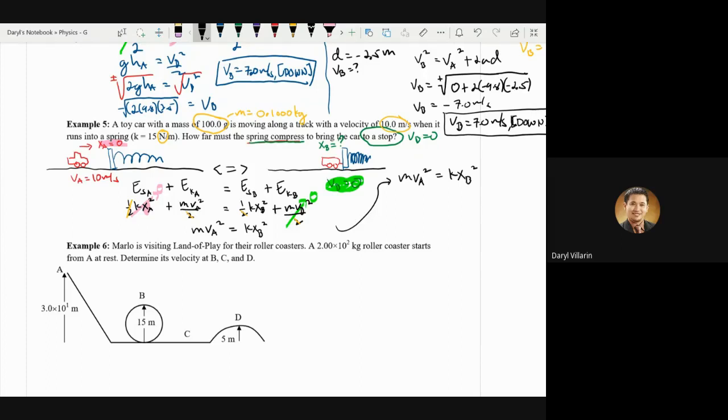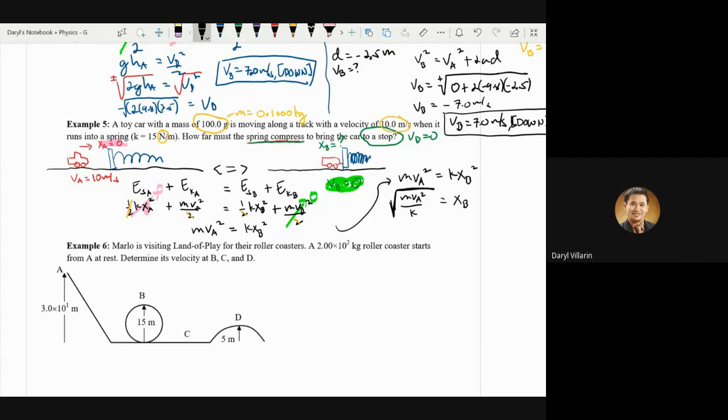So x_b is just the square root of m v_a squared over k. Remember that I'm just asking for the compression, so that's already the displacement. In a way, I'm just solving for its distance from the equilibrium position.